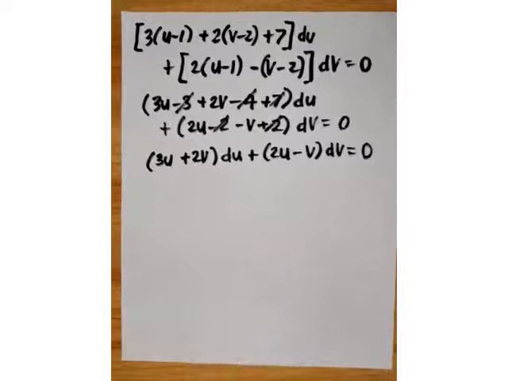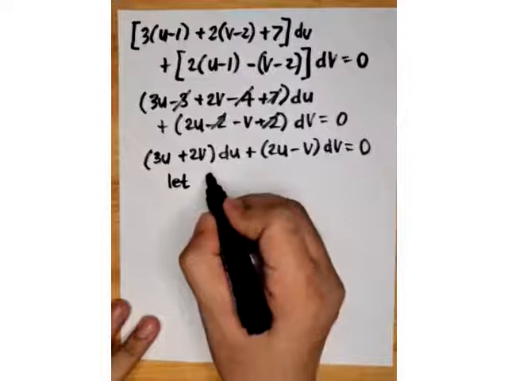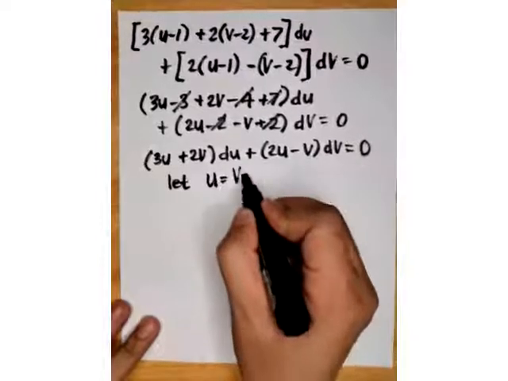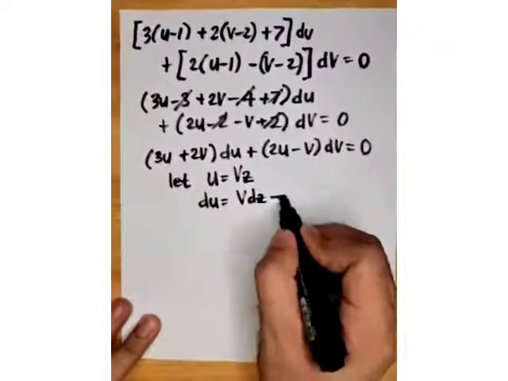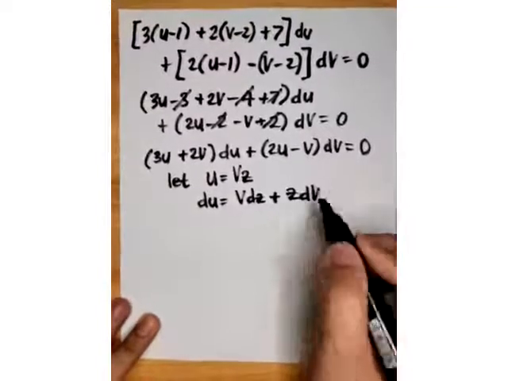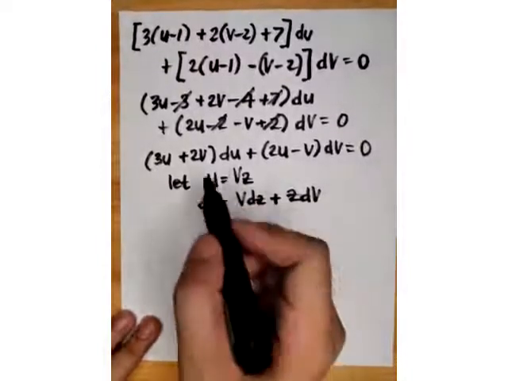Okay, now we have made the equation homogeneous. So ang gagawin natin ay lilet tayo ng bagong variable. So we let u is equal to vz. So du is equal to v dz plus z dv. Okay, so let's substitute the 2 to our equation.